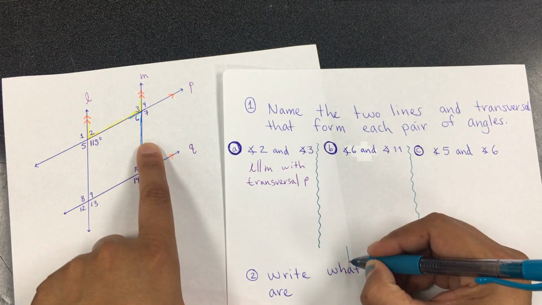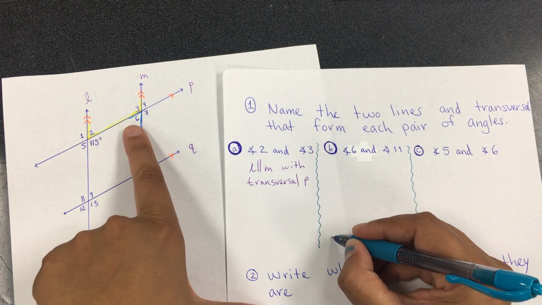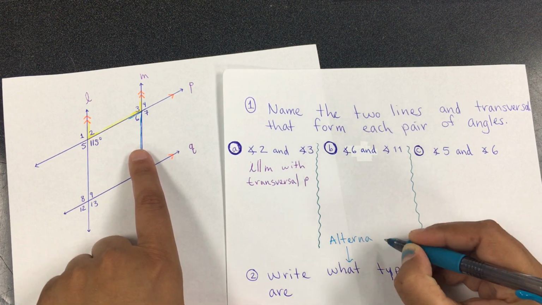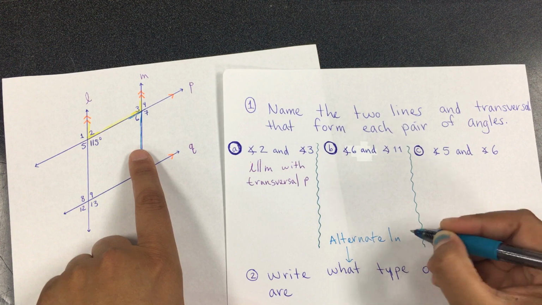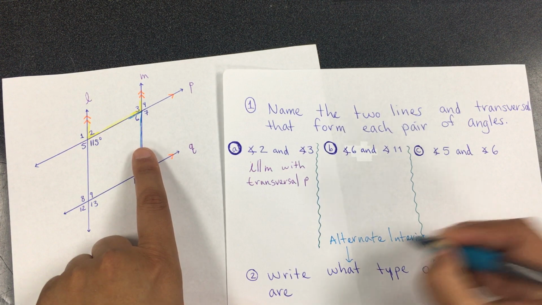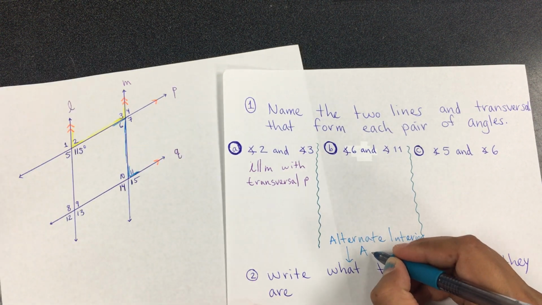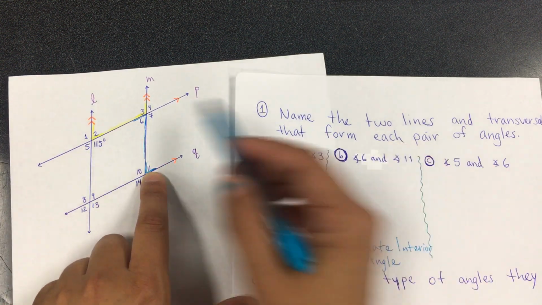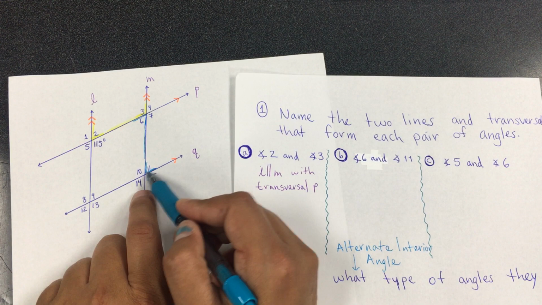So this one is A through Z. That means I'm gonna do these answers. It's from A to Z, so alternate interior angles. So I'm answering question 2 already. And 6 and 7, the 2 parallel lines is these 2 lines.